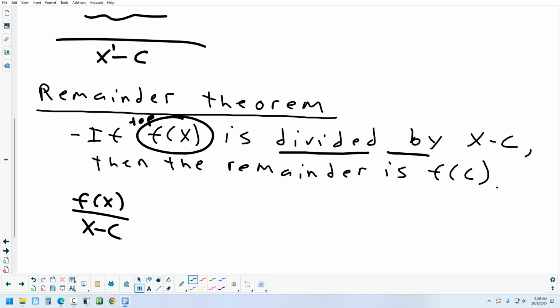But whatever's in the top, if you divide by x minus c, the way you can find the remainder is take the number after the minus sign, not the minus sign itself, just the number that comes after it, and plug that number into the top. When you do that, it'll give you the remainder. Now I'll show you how that works on the first problem.